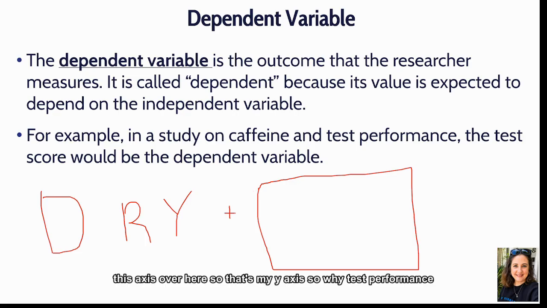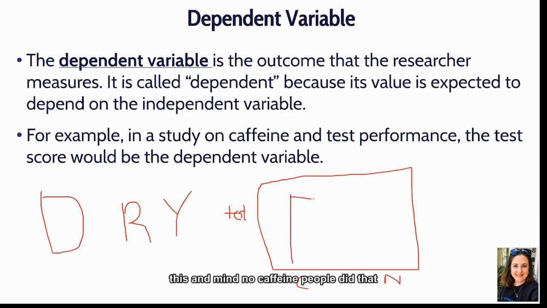So that's my y-axis. So my test performance would be here, caffeine, no caffeine. Maybe my caffeine people did this and my no caffeine people did that. So mix, dry.